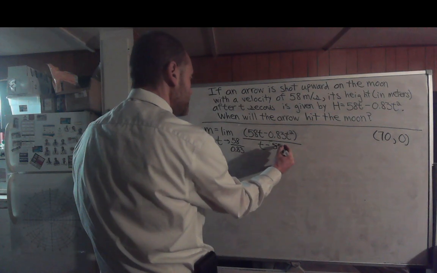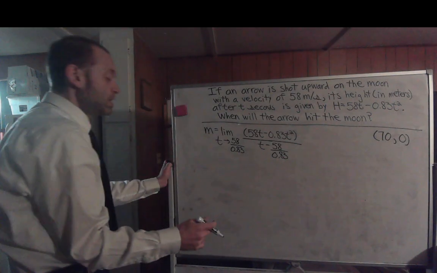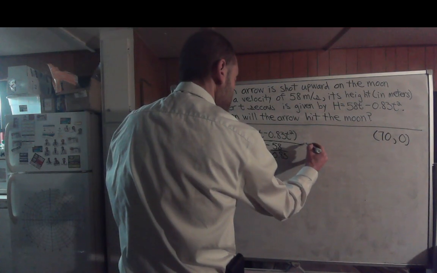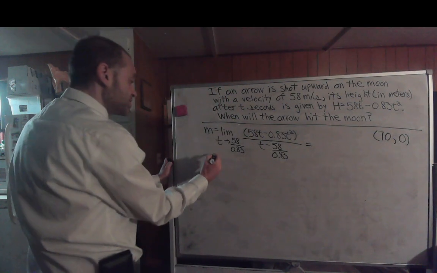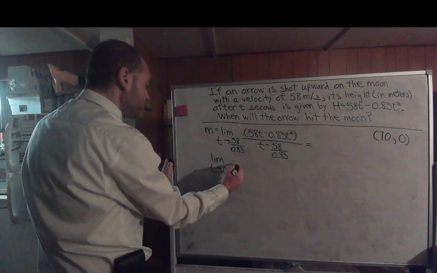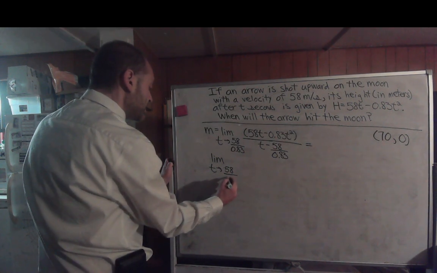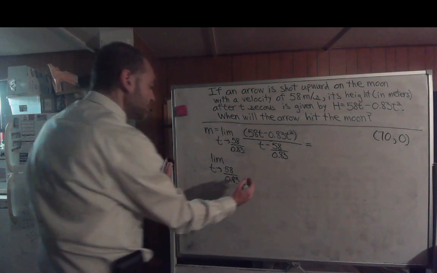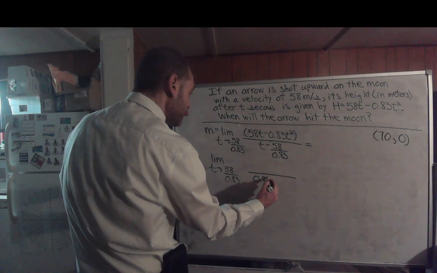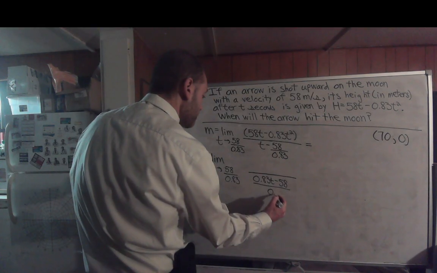So t minus 58 over 0.83, well, we could simplify the denominator for once. This would end up turning into the limit as t approaches 58 divided by 0.83 of 0.83t minus 58 all over 0.83.